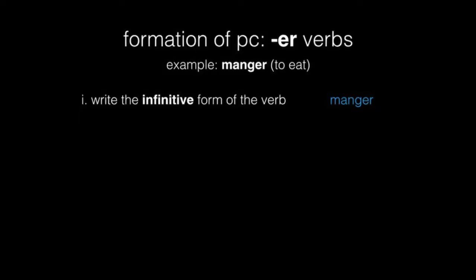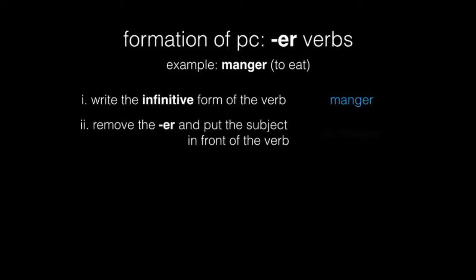That's called the infinitive form. Step 2. Remove the ER and put the subject that you want to conjugate in front of the verb. So, for example, I want to say I ate. Well, I'm going to use je because je is the subject for I. So I put that before the mange and I delete the ER.